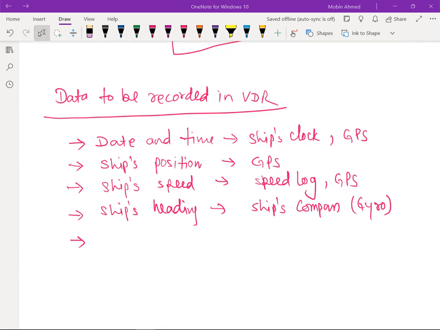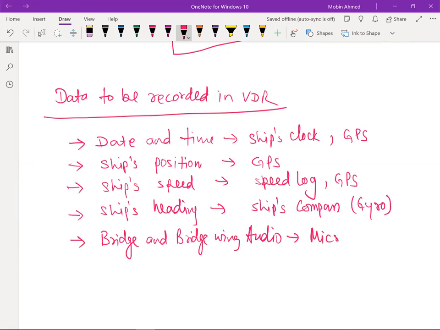Next is bridge and bridge wing audio. So there is a microphone. The microphones are installed in the bridge and bridge wing. From there it will be coming.